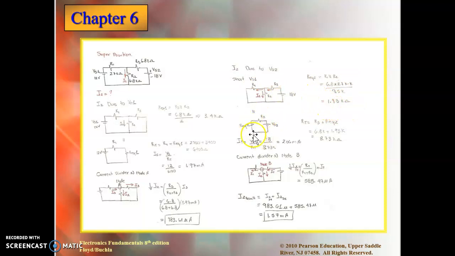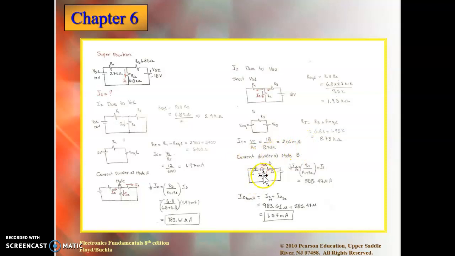Then this is my equivalent circuit. My R total is just R equivalent 2 plus R3, which is 8.73 kilo ohms. Likewise, using Ohm's law, I solve for I total. I total is V total over R total. That gives me 2.06 milliamps.